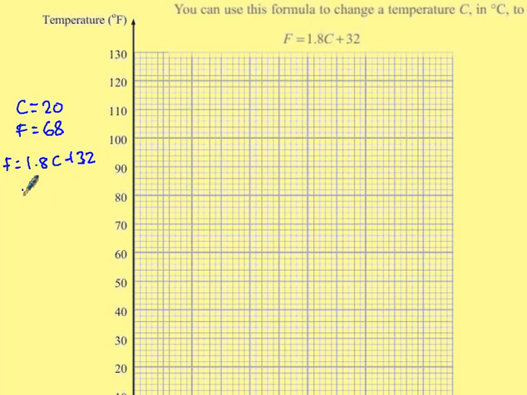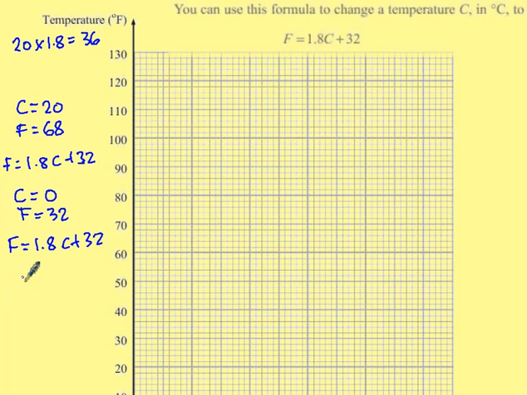Well, when the temperature in centigrade is 0, and I've chosen 0 because 1.8 times 0 is 0, it disappears, the Fahrenheit temperature is 32 degrees. I'm going to use that formula again, F is 1.8 C plus 32. Now I worked it out up here for when it was 20, and we knew from the previous page that 20 times 1.8 was equal to 36.